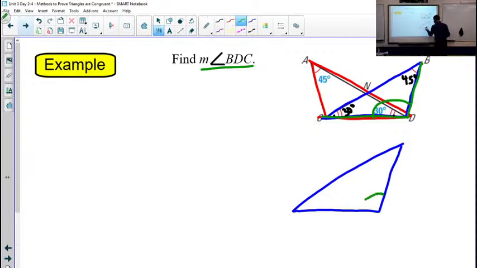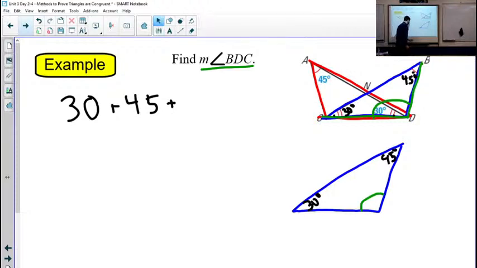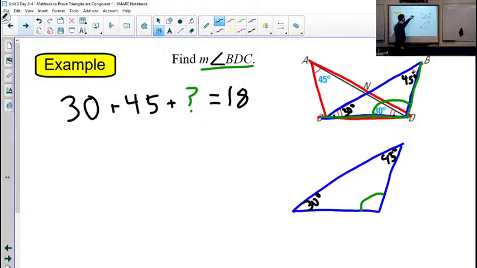I want to know this green angle right here. Well, we just said that this angle over here was 30. And this angle up here was 45. So I got 2 of the angles, so now I can get the third because I can take 30 and 45, and then whatever this angle is, and those 3 angles, when I add them together, should be 180. 30 and 45 is 75.